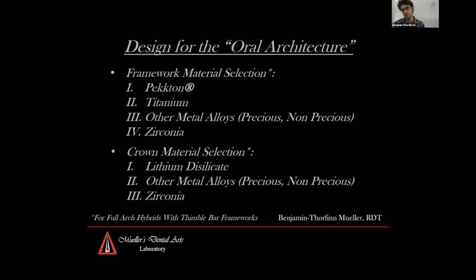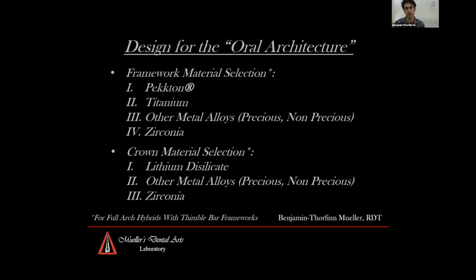If for some reason the case is compromised and the parameters of pectin cannot be upheld, then we choose something more rigid that is still shock absorbing, but way more rigid, i.e. titanium. Titanium is in second place because it's more biocompatible than, let's say, some other metal alloys out there.